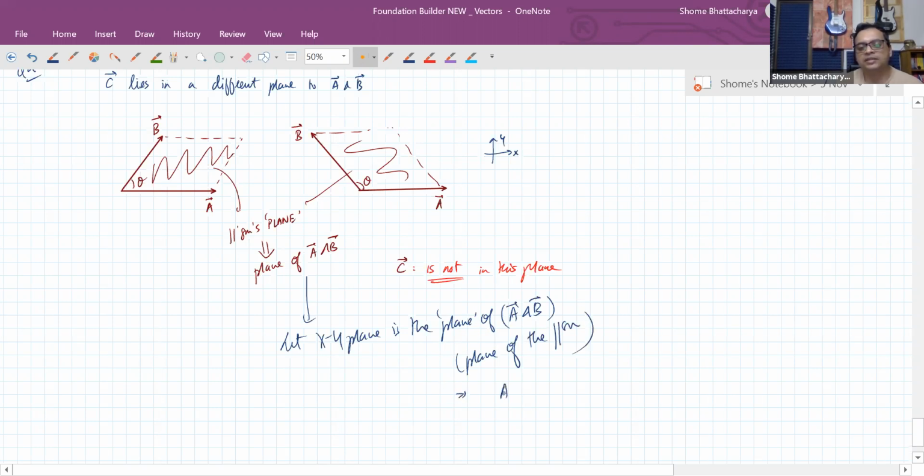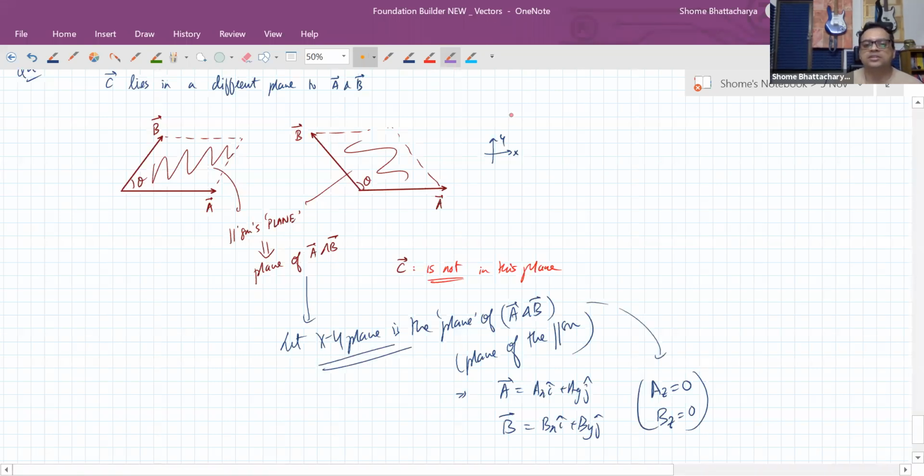Then the vector A has X and Y components, the vector B has X and Y components, but A's Z component is 0. B's Z component is 0 because they are lying in the plane of A and B.